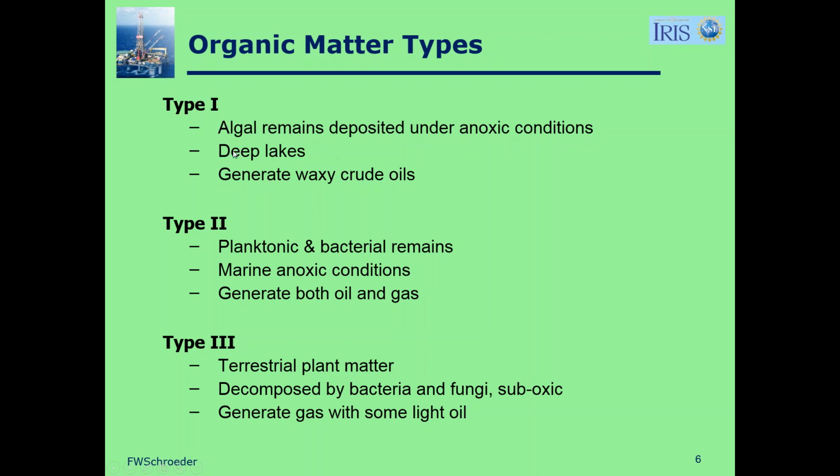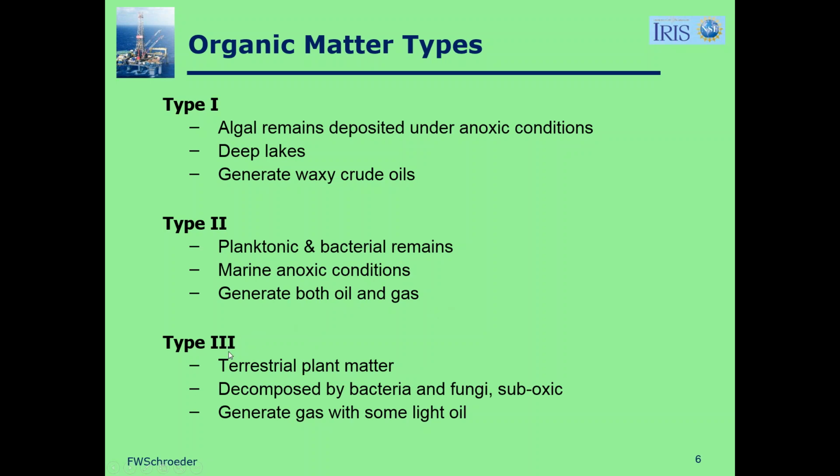Type 1 typically forms in deep lakes, and they tend to generate a waxy crude oil. Type 2 organic material is planktonic and bacterial. It's in a marine setting, and again, if it's an anoxic, low oxygen environment, we have a better chance to preserve the organic material. And type 2 organic matter will produce both oil and gas.